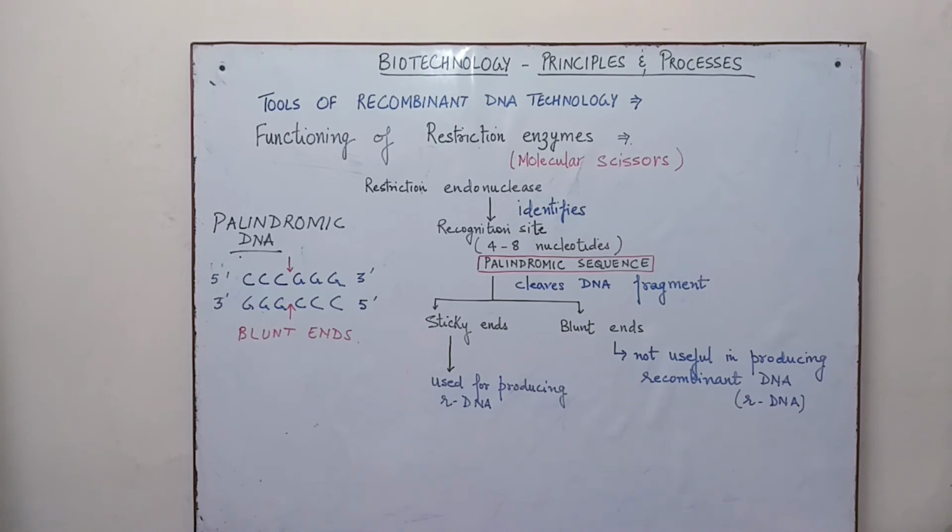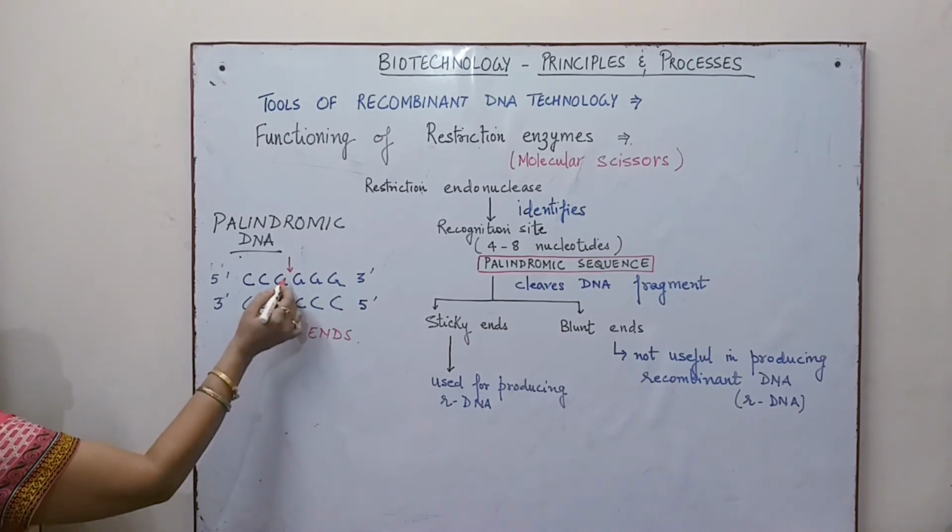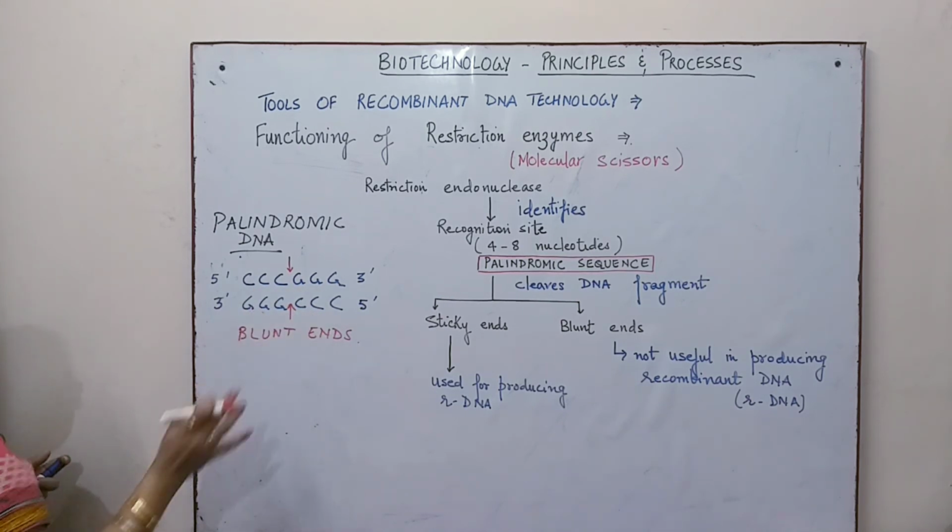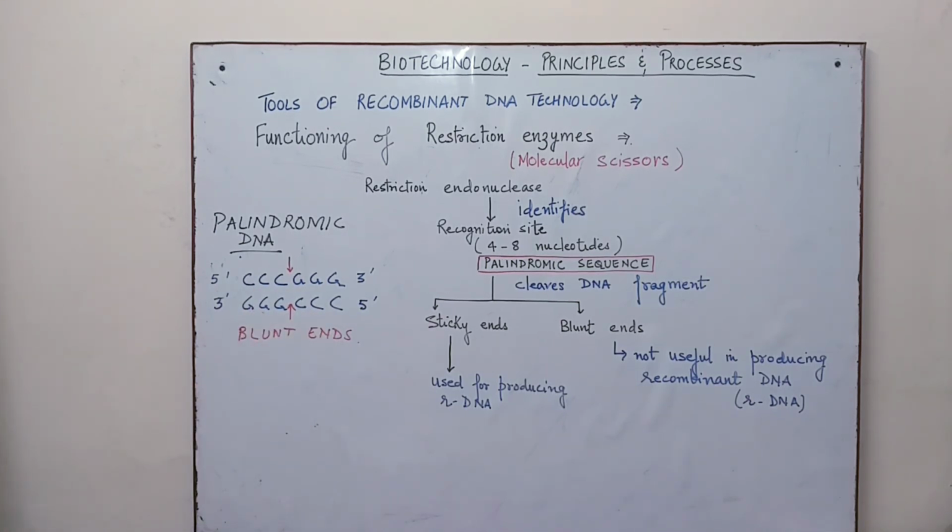The blunt ends, on the other hand, are produced by restriction enzymes which cut the palindromic DNA at the middle, and as a result the blunt ends cannot be used for the formation of recombinant DNA. Now there are other types of enzymes.